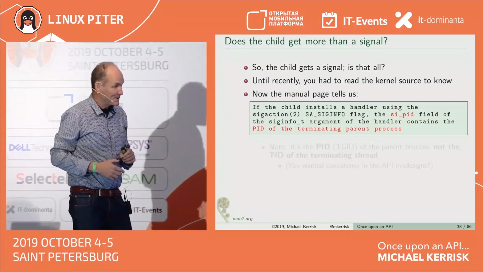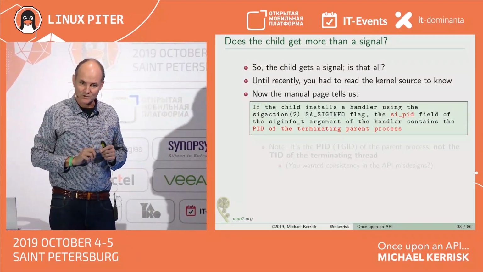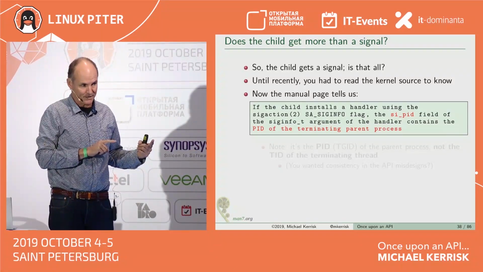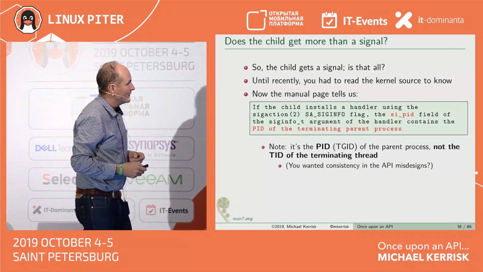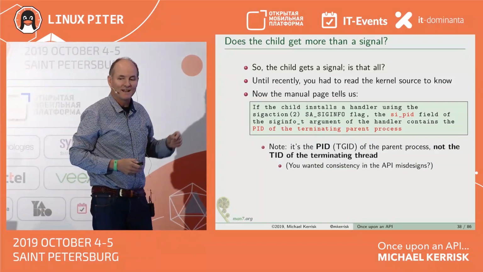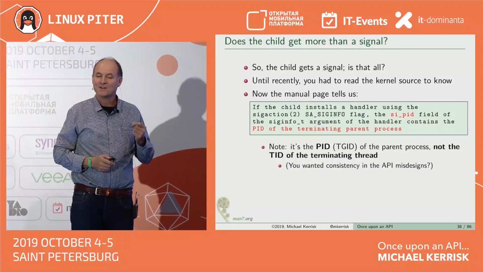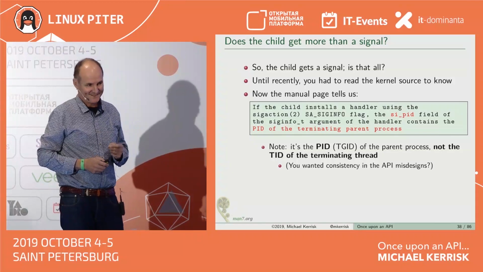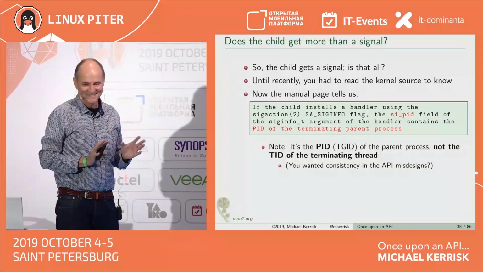But now the manual page tells us. Oh, and also there's a siginfo structure that comes along with the signal that tells us the PID of the terminating parent process. Oh, by the way, it's the PID of the terminating parent process, not the thread ID of the terminating thread. You want consistency in your API misdesigns?